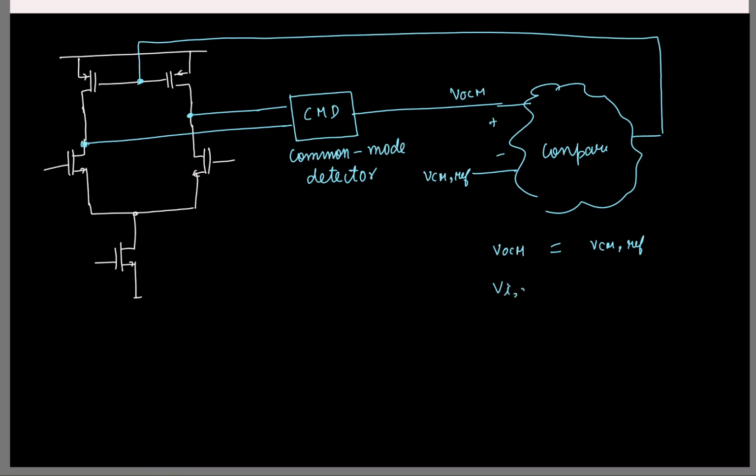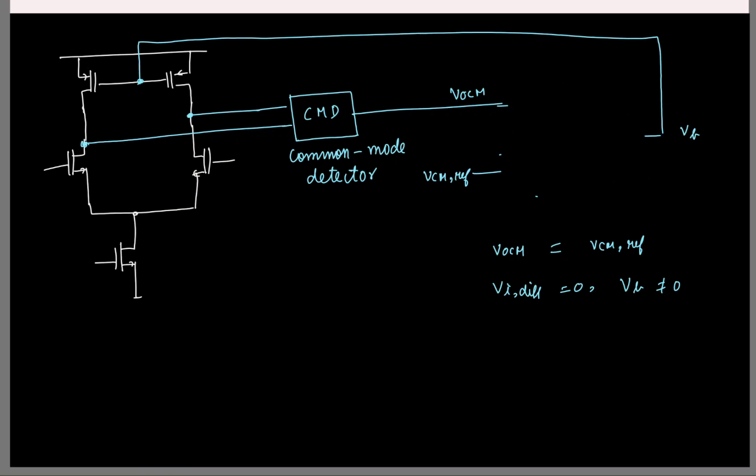So I'll say V in difference is 0 and the output is some bias voltage VB which is not 0. So what is a block that can take in a 0 input and give a non-zero output? A block with an infinite gain, and the simplest block we know is an op-amp. So I'll put an op-amp here.